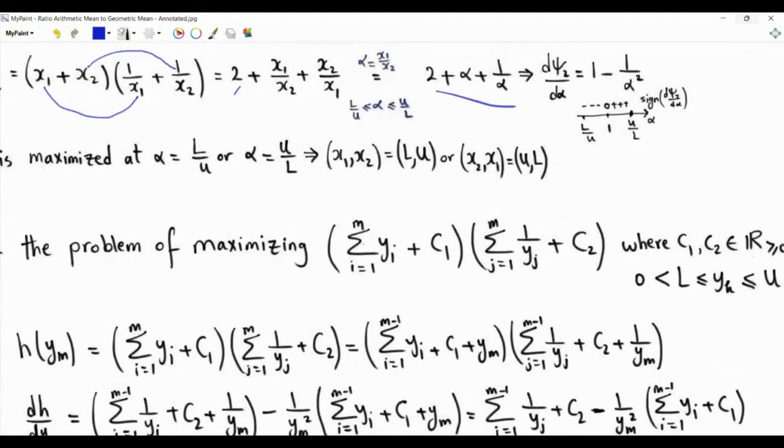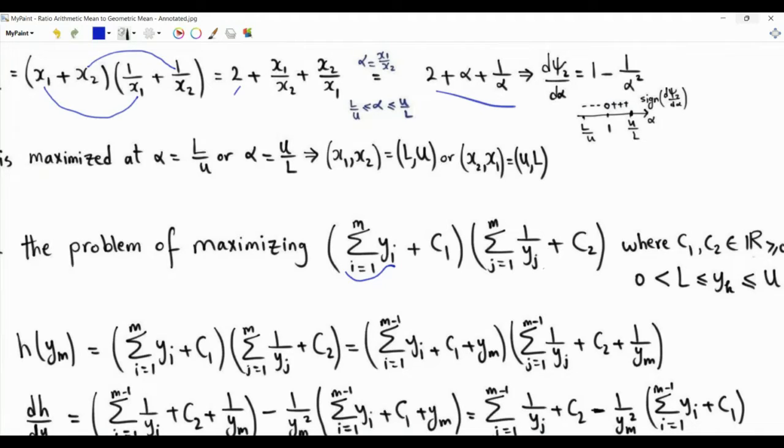Now, if you focus on this product and focus on its dependence on one of the y's, let's say y sub m. What we can do is separate ym from this summation. So now it is a sum from 1 to m minus 1, and then we have C1, which is here, and then ym.